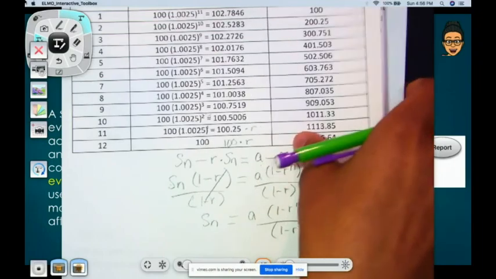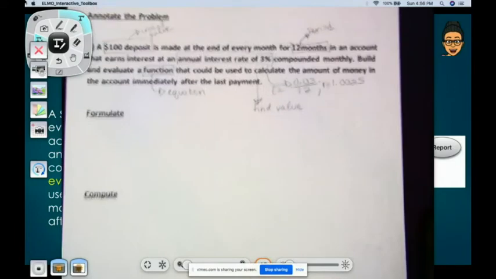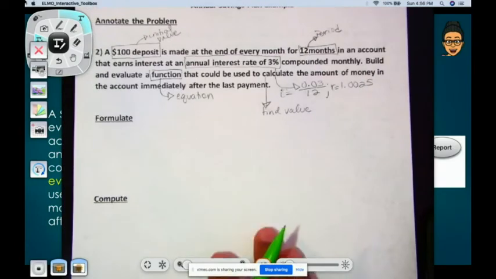Here's where it gets fancy. Now that I have that formula, I can actually do what you asked me to do and build this function. So the lesson outcome really starts here.